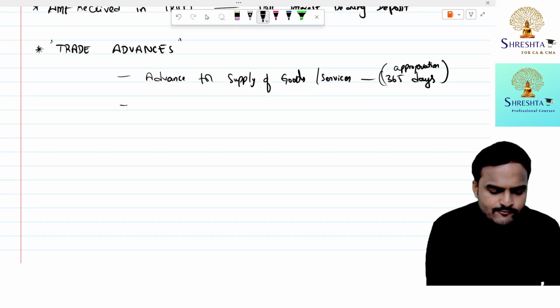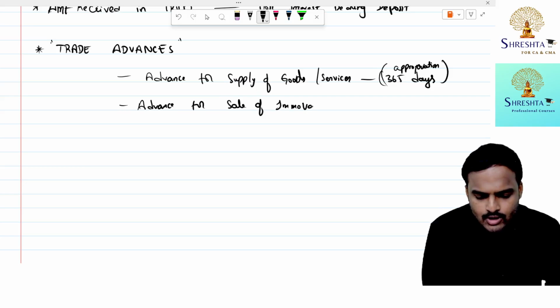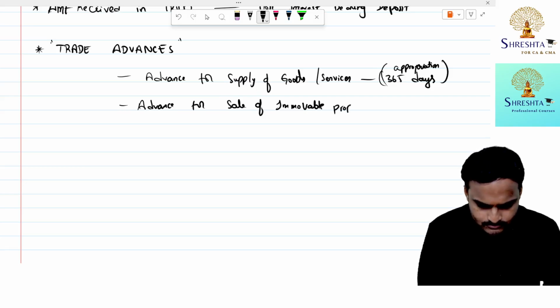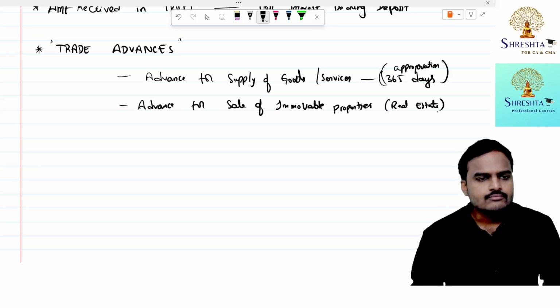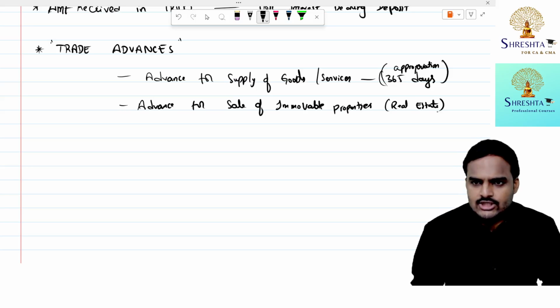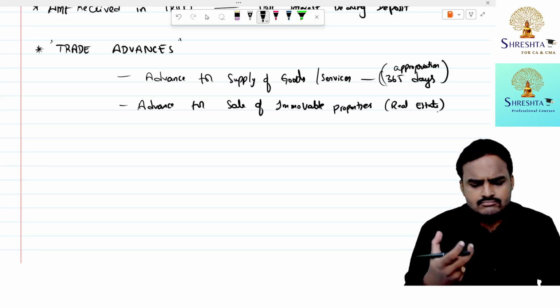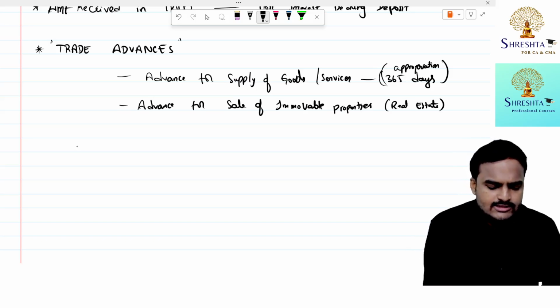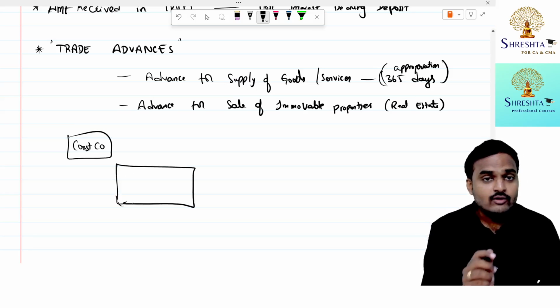Next one, advance for sale of immovable properties. For example, real estate. A construction company is there, GMR Constructions, or some construction companies. Generally, construction companies first announce a venture.